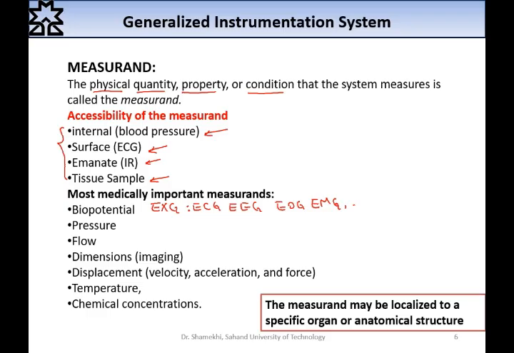Displacement, as you can see, and velocity, acceleration, or force are measurements extracted from displacement. Temperature, we talked about it, and also the chemical concentration of some ions inside our body.